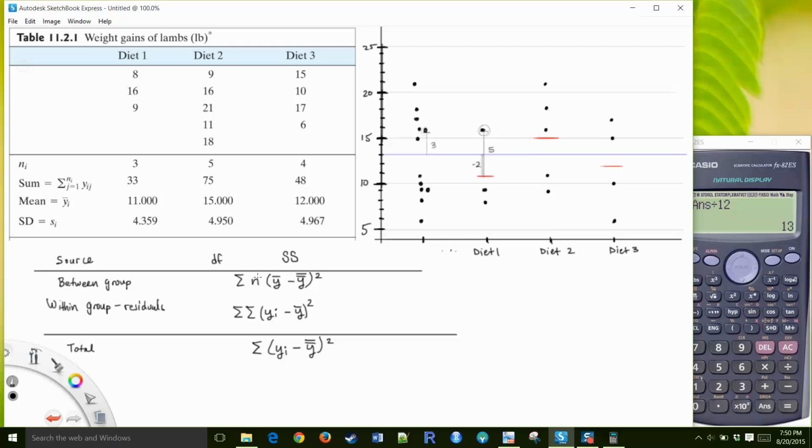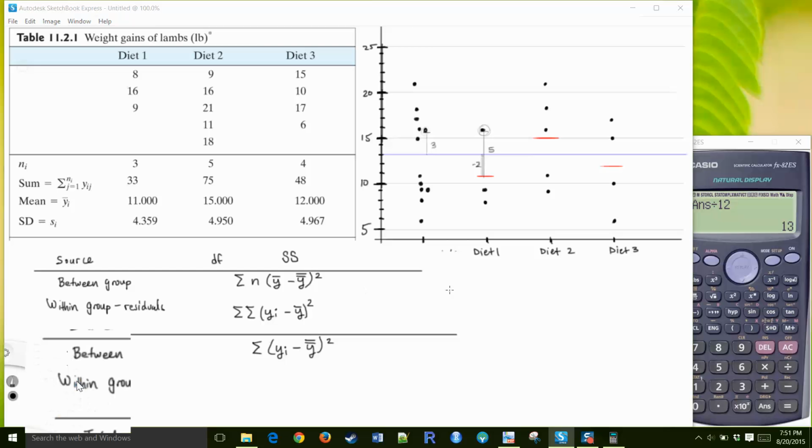Let's do the total contribution for the sum of squares. So we're going to do 8 minus 13 and take that distance squared. 13 being the grand mean, right? So y double bar is 13.